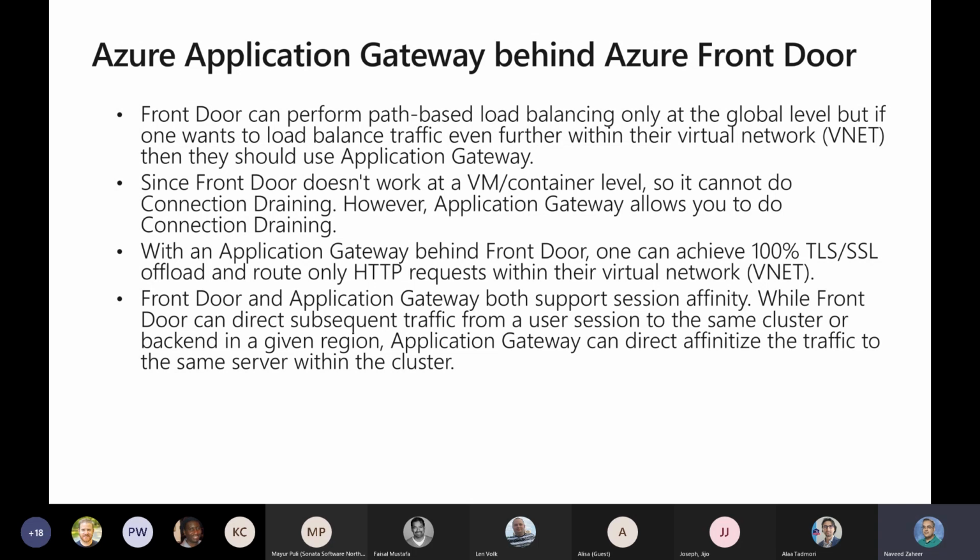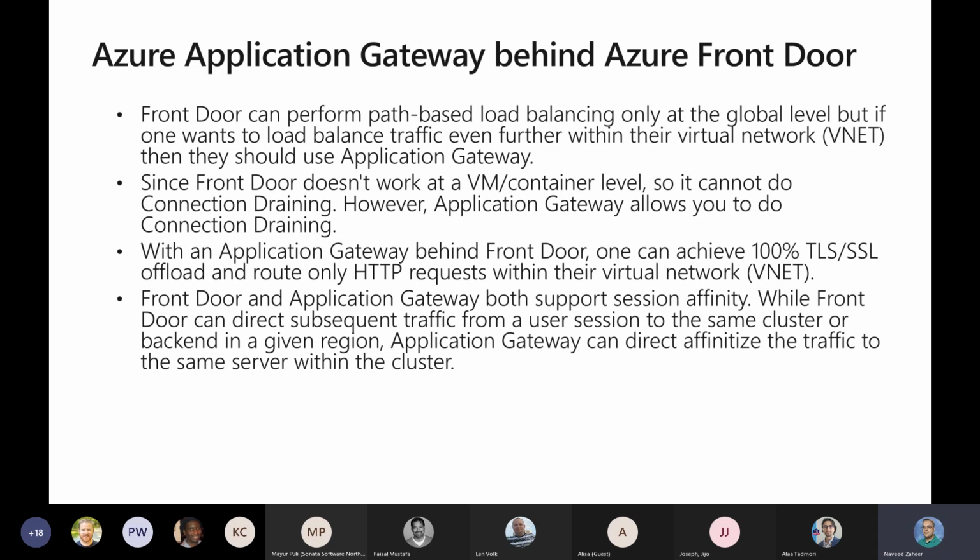You can scale it up, scale it down, things like that. So you pay for the instance as well as bandwidth. Web Application Firewall will have a different charge. On the other hand, Front Door is a global service. There is no instance that you run. Yes, you create an instance, but then you pay for the bandwidth and things like that.